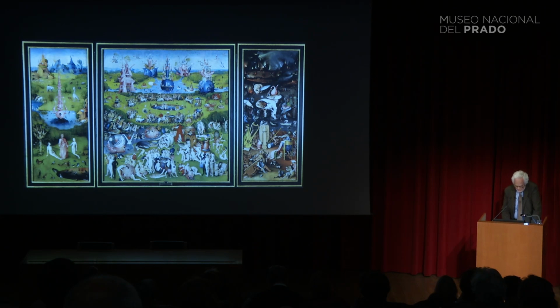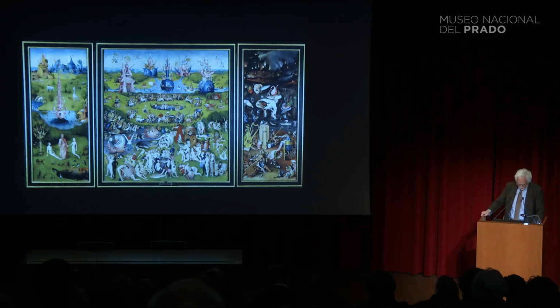Several authors have noted, and I've alluded to this before as well, a certain resemblance between the imagery of the Roman de la Rose, the Romance of the Rose, and the Garden of Earthly Delights. The Romance of the Rose, in essence, is a dream tale, which explores the adventures of Amant, the lover, in his efforts to conquer his beloved and then to pluck the rose.